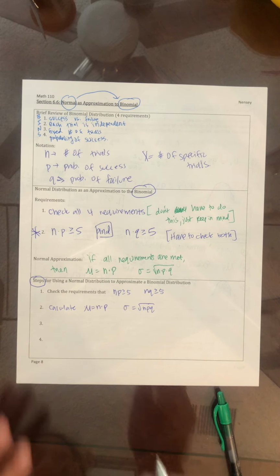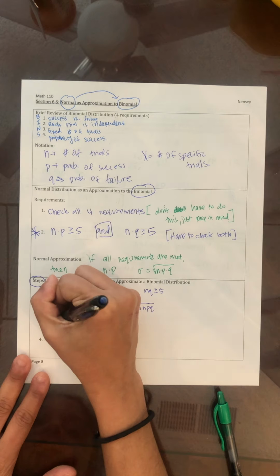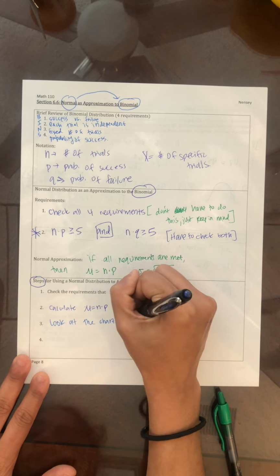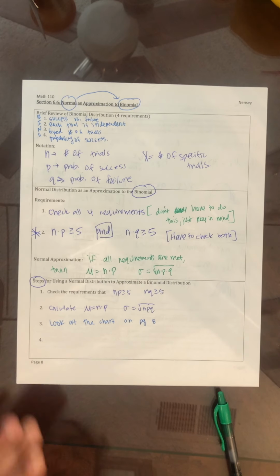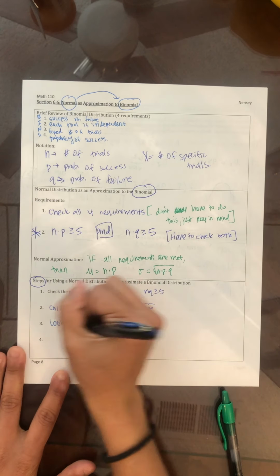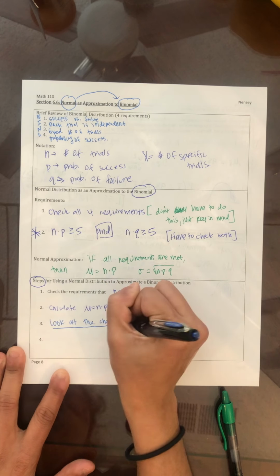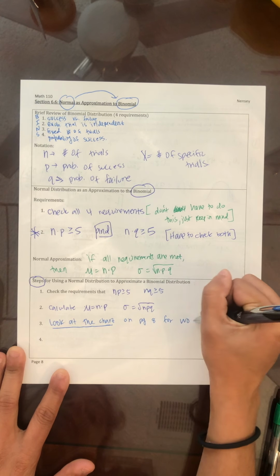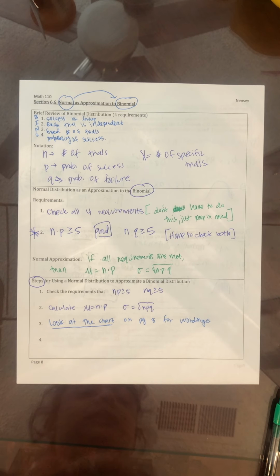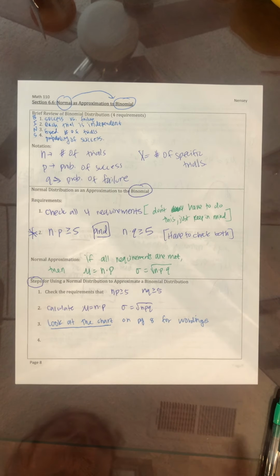The third thing is you're going to look at the chart on page 8. Now, I took this from your book. I'm writing this out, but it says look at chart, essentially what you're going to do for wording. I didn't put every single word, but most of the words stand out.